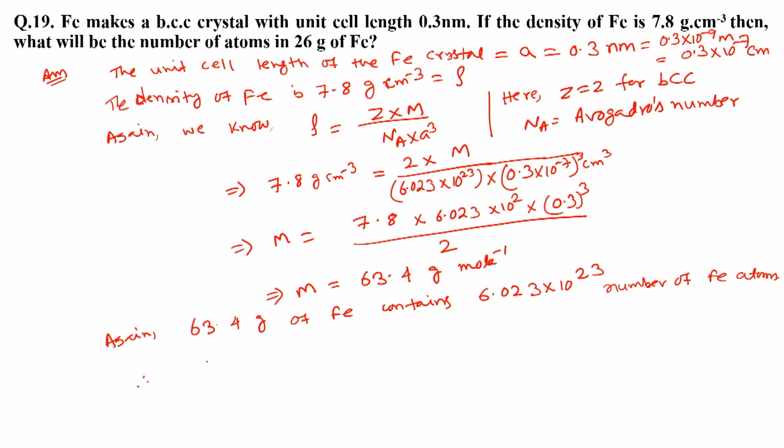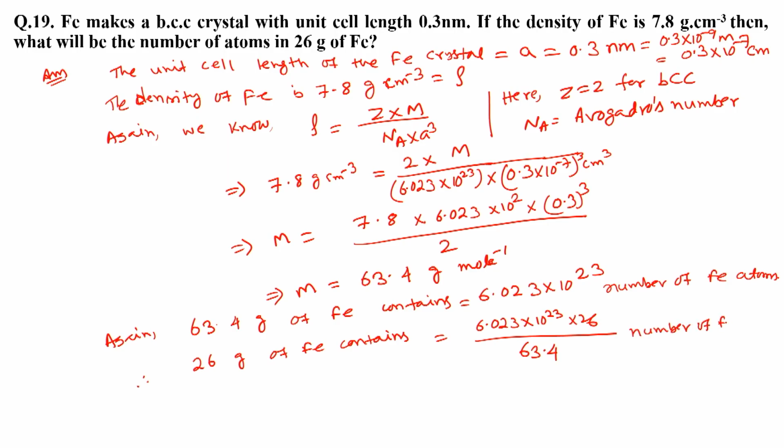Therefore, 26 gram of Fe contains 6.023 times 10 to the 23 times 26 by 63.4 number of Fe atoms.